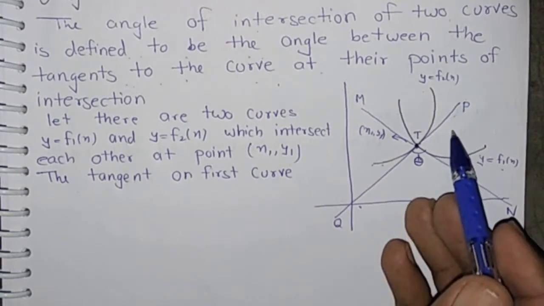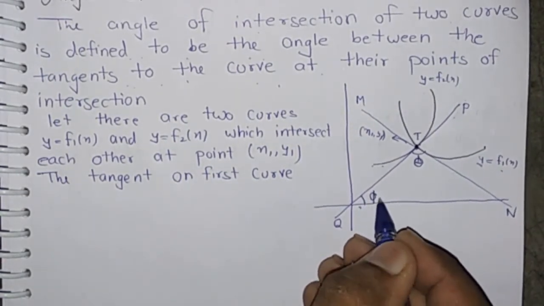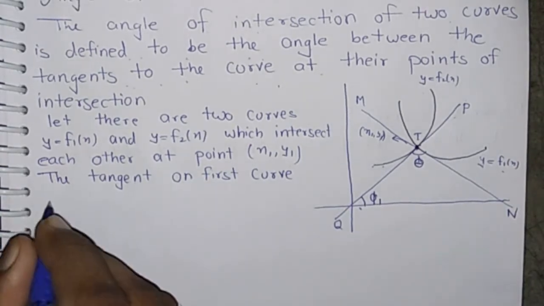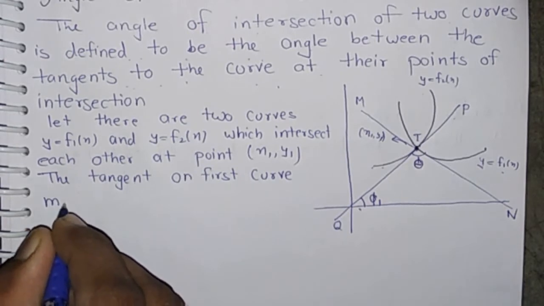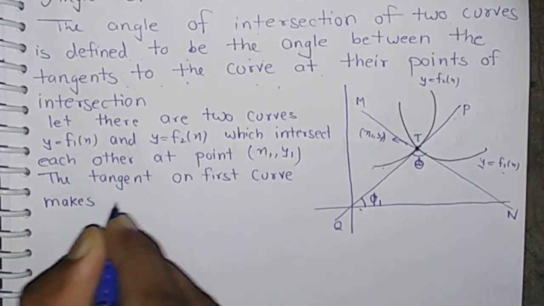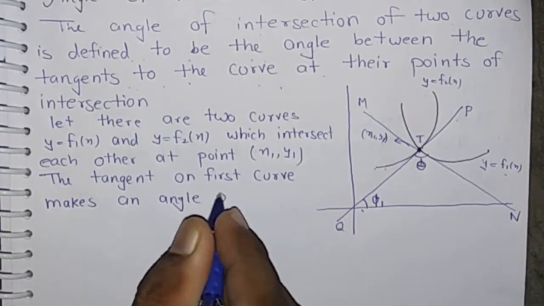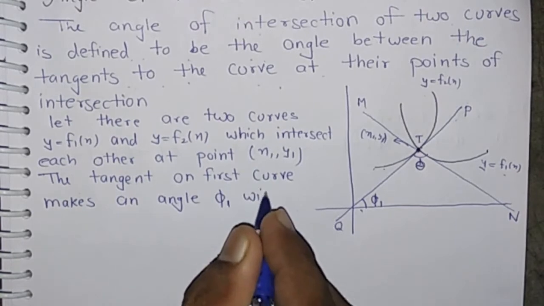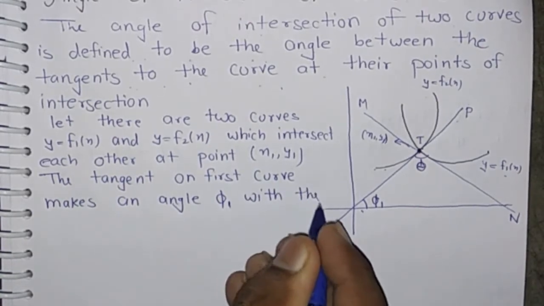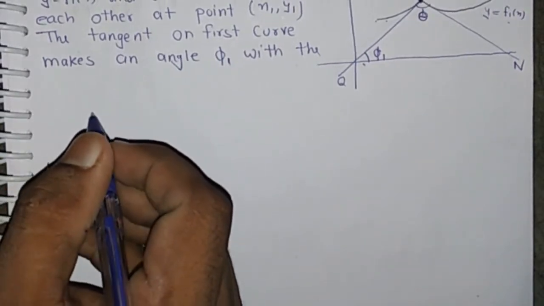Let the tangent at first curve make an angle phi 1 with the positive direction of x-axis.